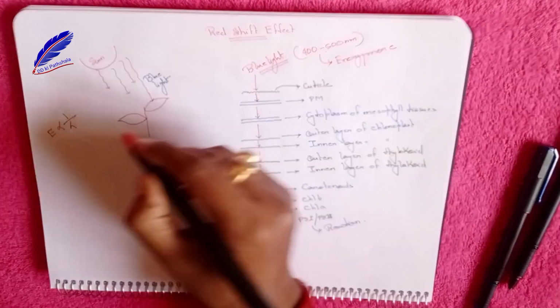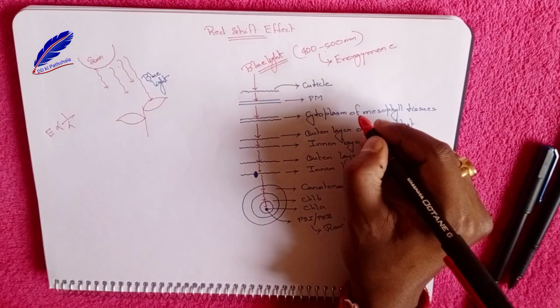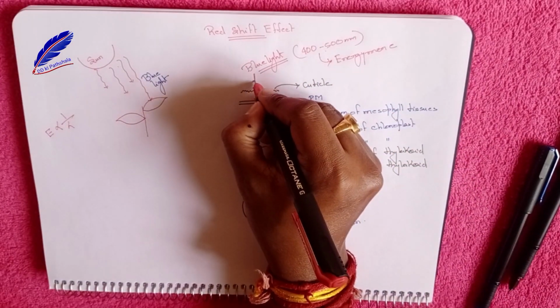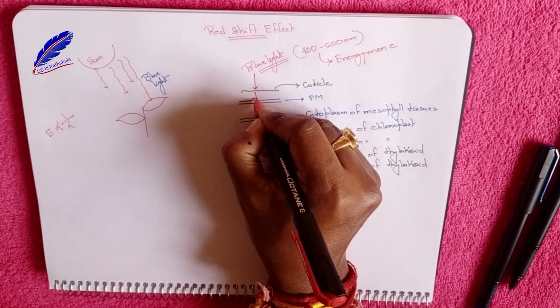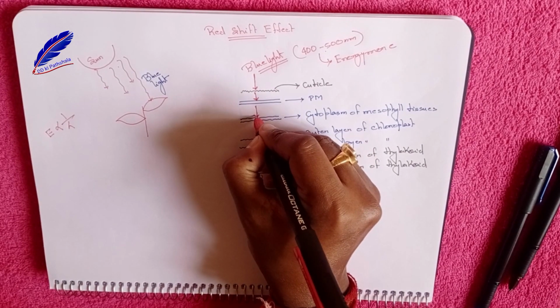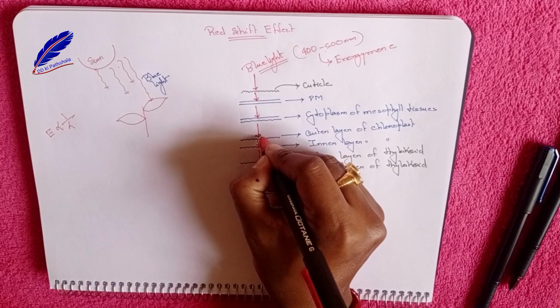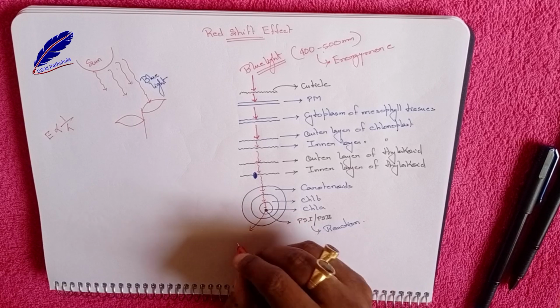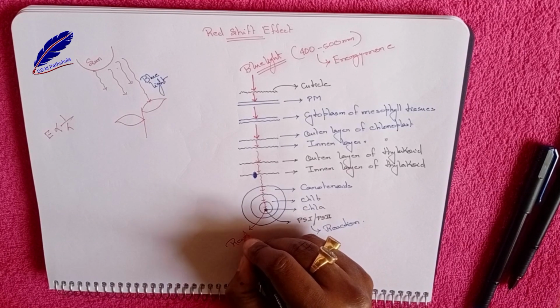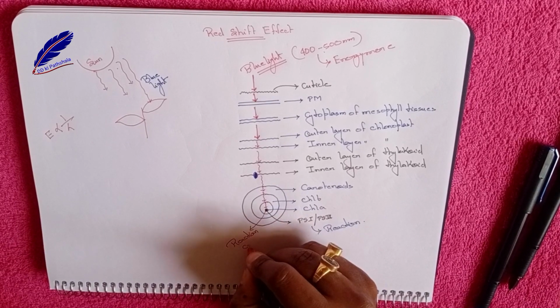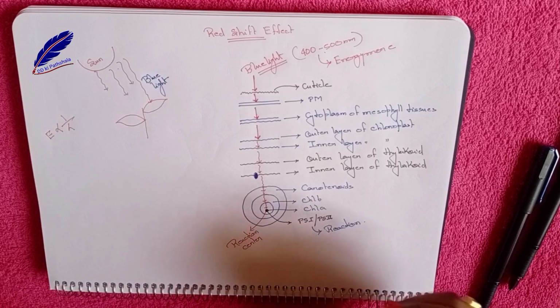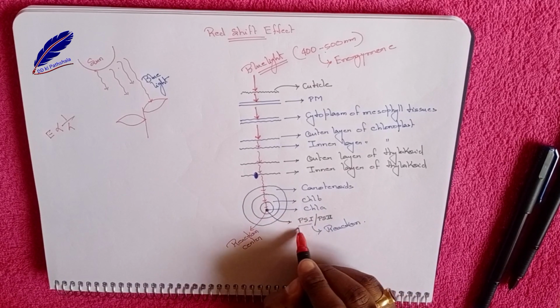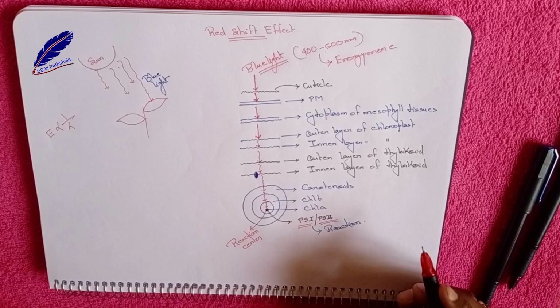It means if wavelength is less, then energy will be more. Now this blue light has to cross so many layers, one after another, to reach the reaction center, which is either PS1 or PS2.